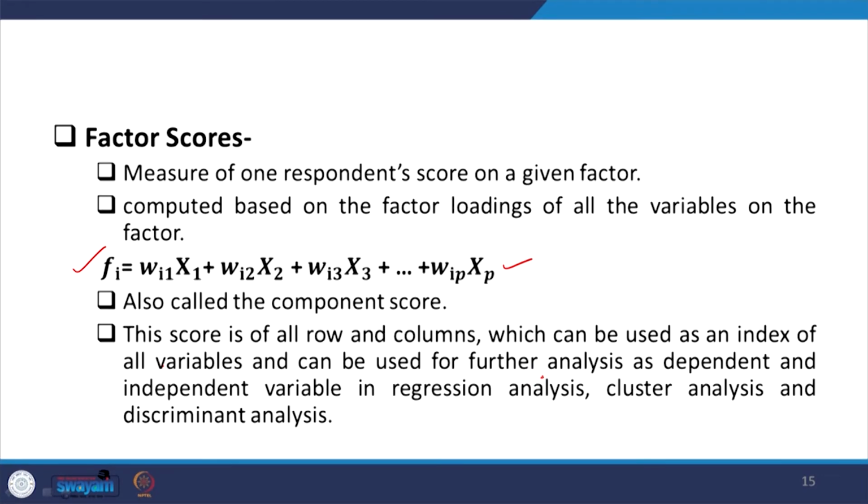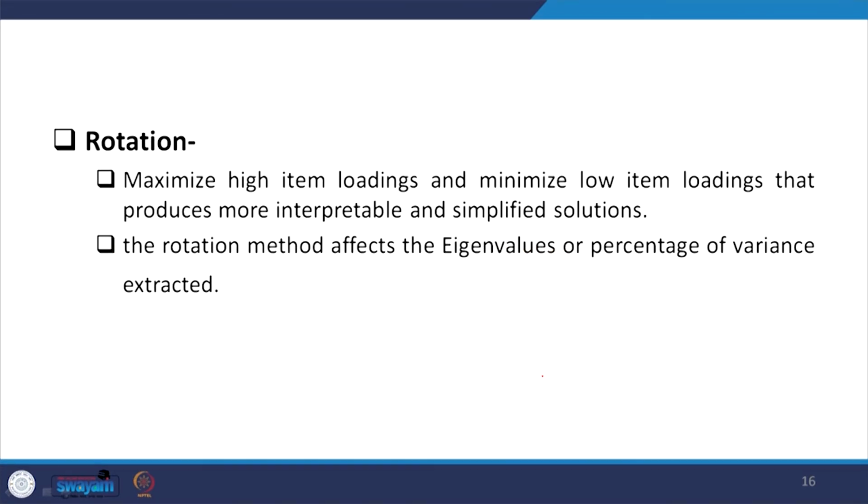These factor scores are also called component scores. This score, across all rows and columns, can be used as an index of all the variables and can be used for further analysis as dependent and independent variables in regression analysis, cluster analysis or discriminant analysis. Once these scores are known, we can use them anywhere for a better purpose.